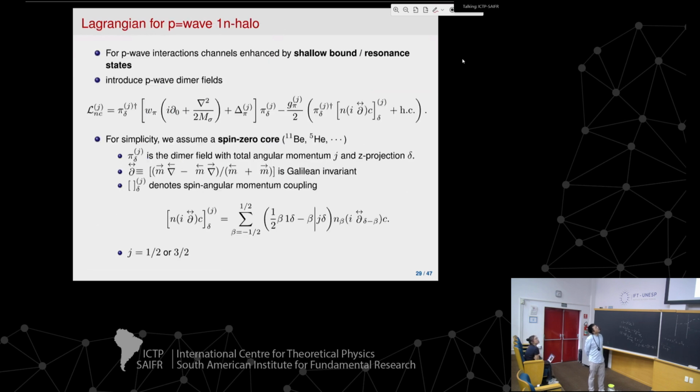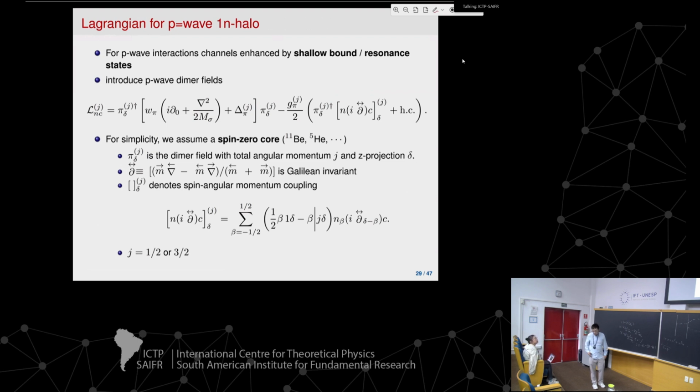Okay, so besides the S-wave problems, we can also move to P-wave problems, where you have the neutron and core interacting in a P-wave state. For the P-wave interactions, you will have either enhanced shallow bound states or resonance states.